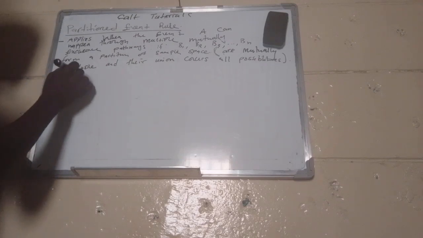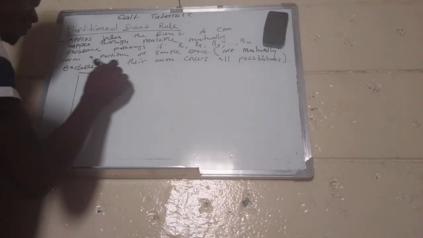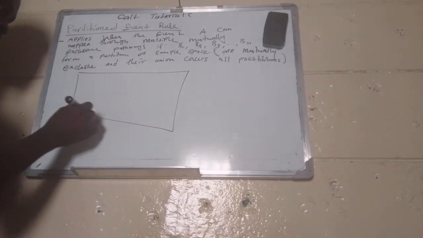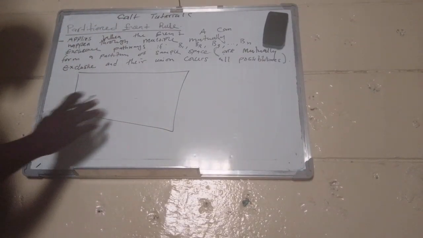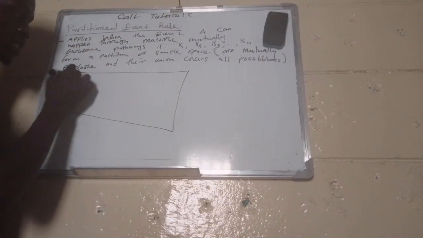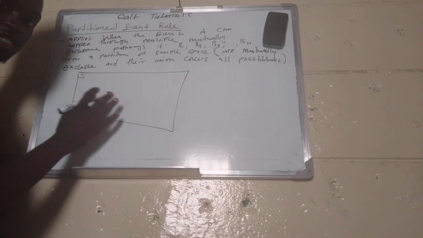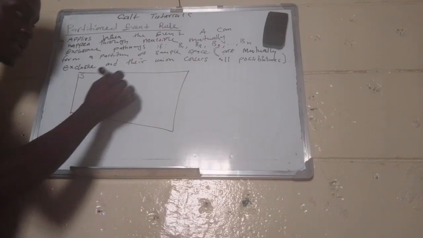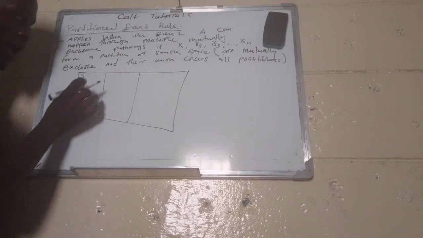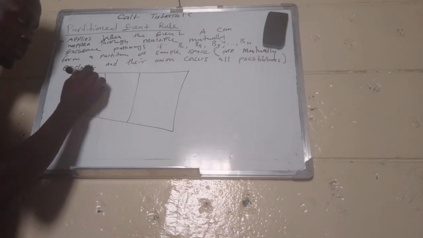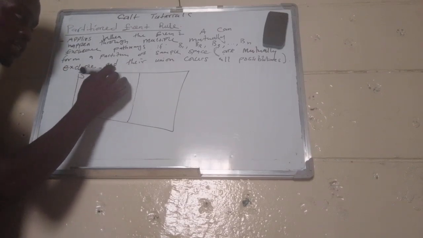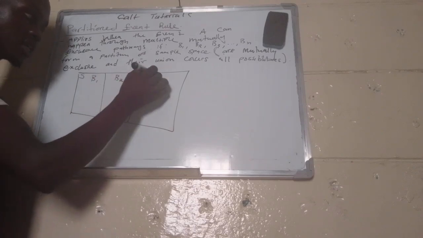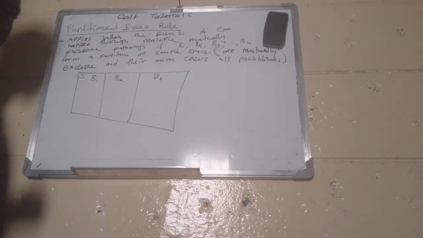Now, I want you to understand, if we have a sample in this format, let's say this is my sample space S, and it has been divided. I can call the first partition B1, the second partition B2, and the third partition B3.